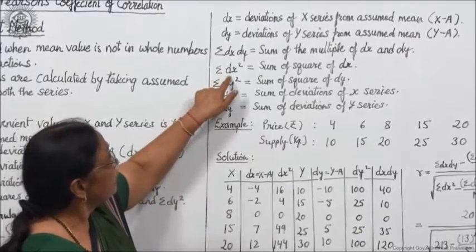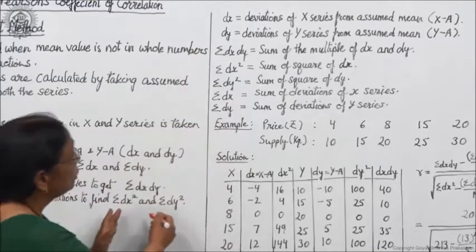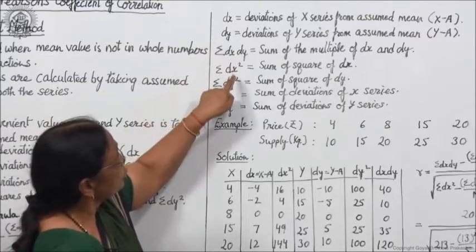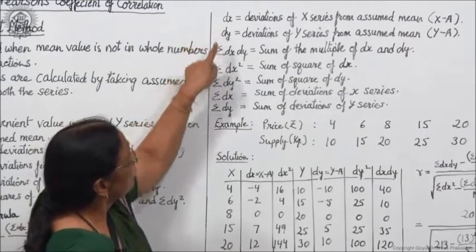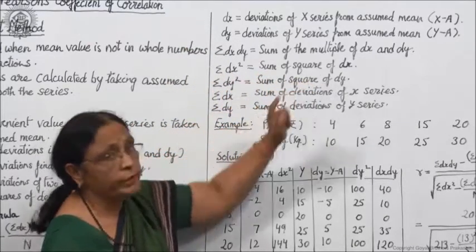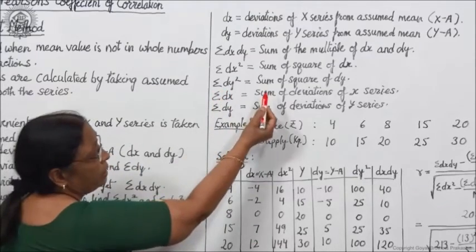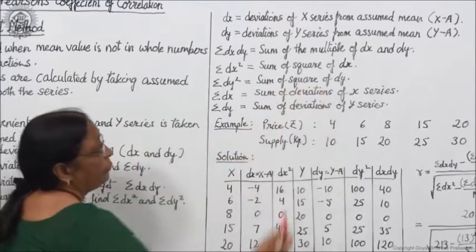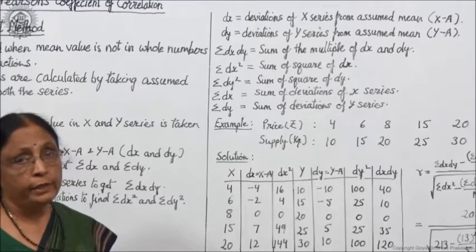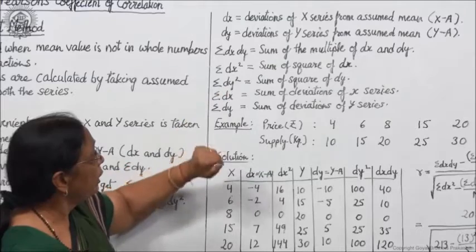Here sigma dx square, the square of the dx column is dx square, and the total of this is the sum of squares of dx, right? Then sigma dy square, the sum of squares of dy.